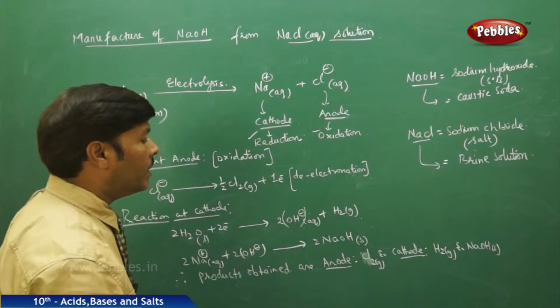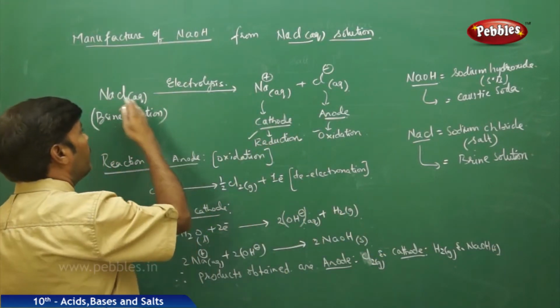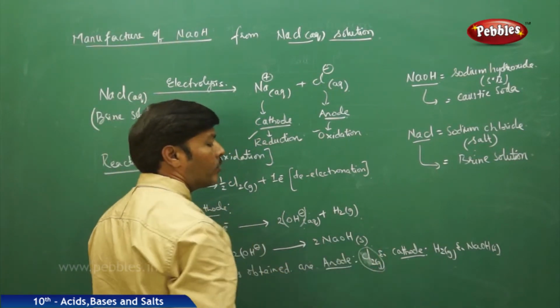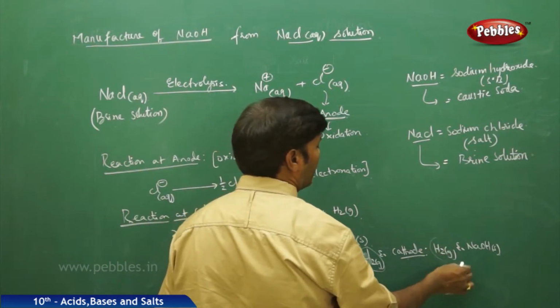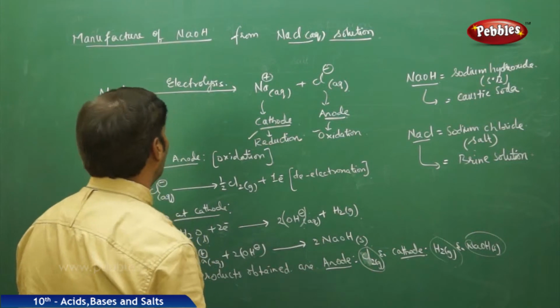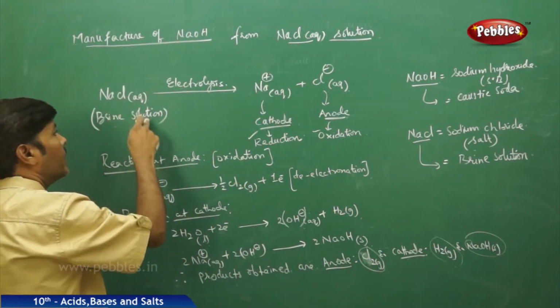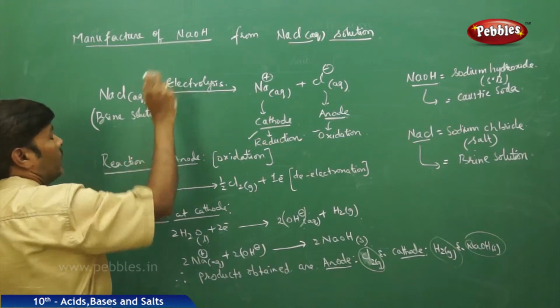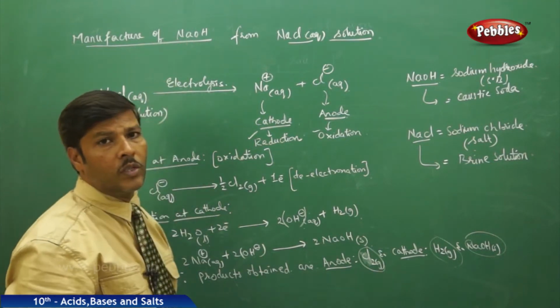So it is clearly understood that by the time the electrolysis of aqueous brine is completed, at the anode we get chlorine gas as the main product, and at the cathode we get one gaseous product and one solid product. The main purpose of this topic is to manufacture NaOH, that is caustic soda.